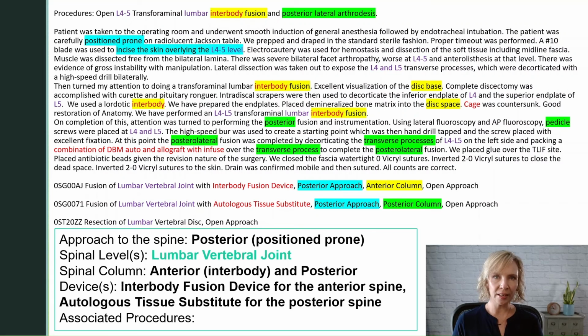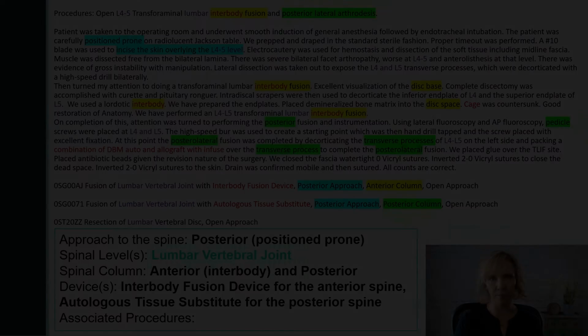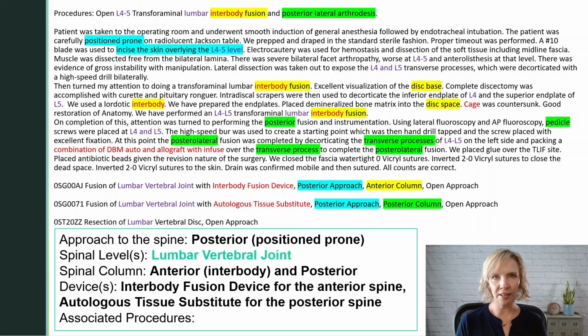So when determining the levels, we need to count the number of vertebral joints between each level rather than counting each level individually. This means that L4 through L5 is one joint, making it a single lumbar level for our fusion procedure.